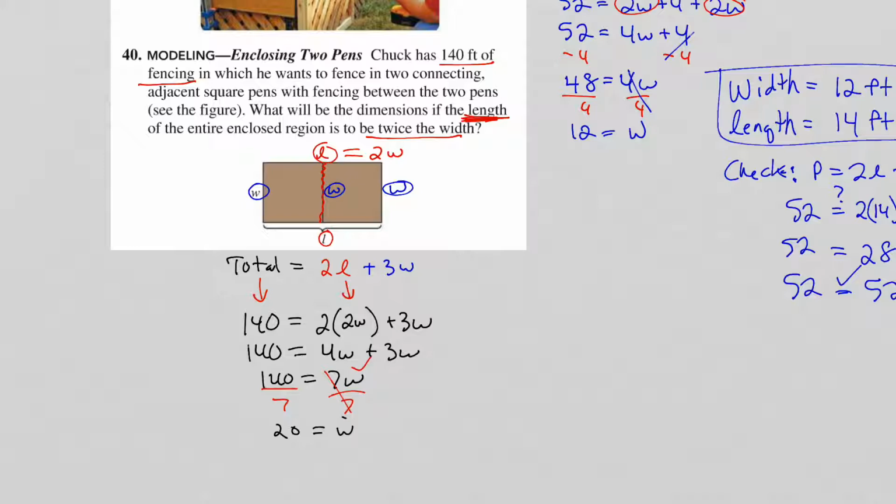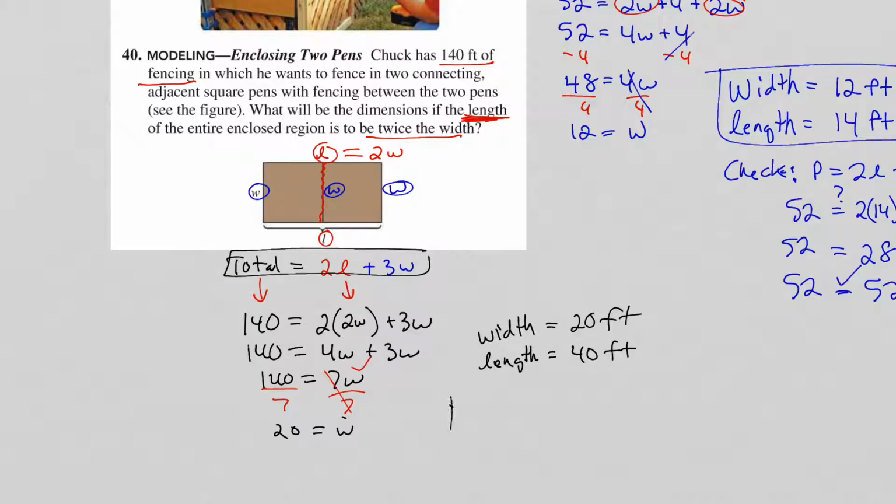Now, what will the dimensions be? So we need the width, we need the length. So the width, we just found it, W is 20 feet, and the length is twice as much, so that's 40. Okay, you say, wait a second, that doesn't equal 140. That's because, remember that our equation is right here.